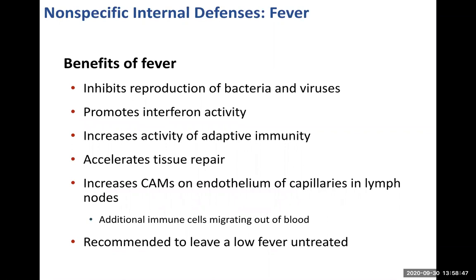So again, benefits of the fever. Fevers create an inhospitable environment for pathogens like bacteria and viruses. A low-grade fever also helps to increase enzymatic activity. Importantly, it increases the expression of those cell adhesion molecules, which, as we've already discussed, allows white blood cells to migrate into the tissues via diapedesis more effectively.